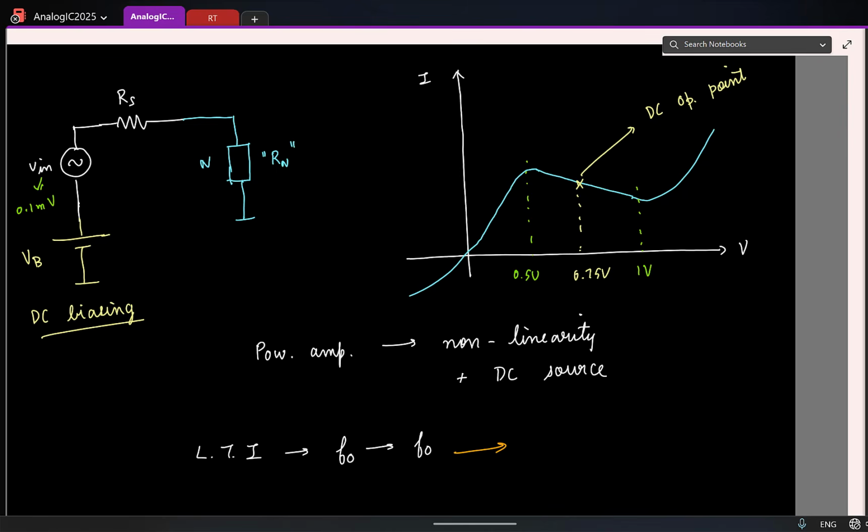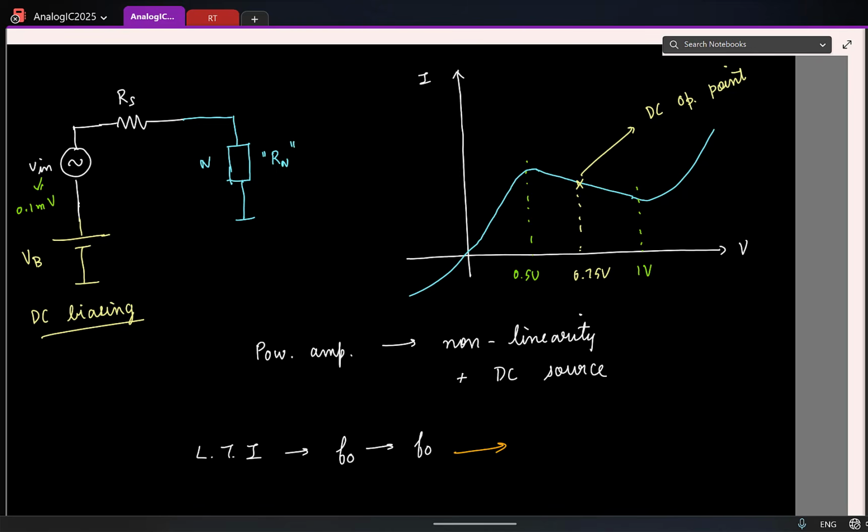If you have an LTI system, it turns out if you apply an input at some frequency, let's say 1 kilohertz, at the output you will also get only 1 kilohertz. You cannot get a different frequency. Whereas here, we are drawing power at DC, but we want to convert that DC power to a different frequency, because your signal of interest might be, let's say, a 1 kilohertz sinusoid.